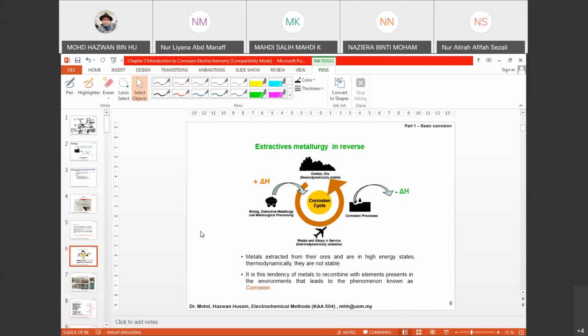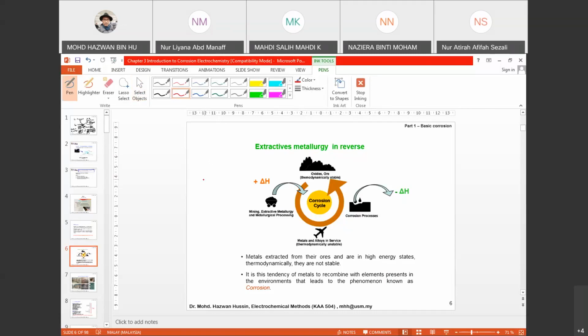The ore, metal scrap or metal oxide normally exists in a stable condition because the oxide has been formed, so it is no longer reactive. It's already thermodynamically stable. When you do extractive metallurgy, you do the extraction either by pyrometallurgy, hydrometallurgy, or electrometallurgy.